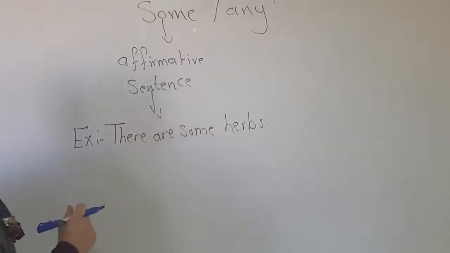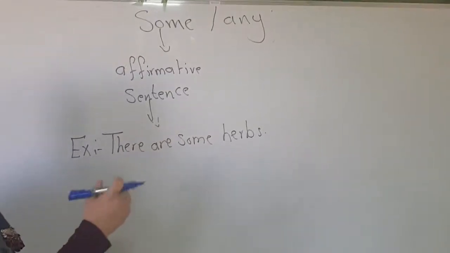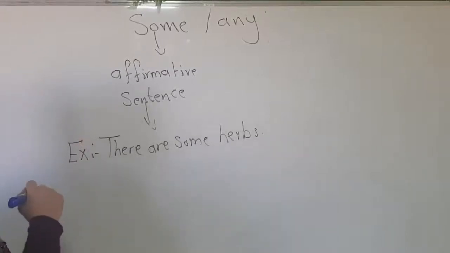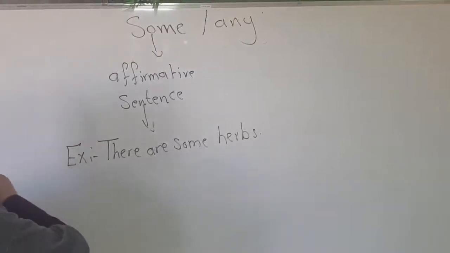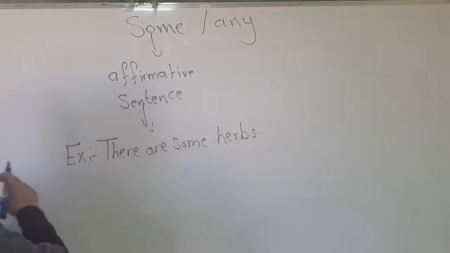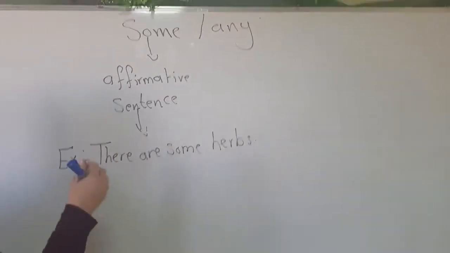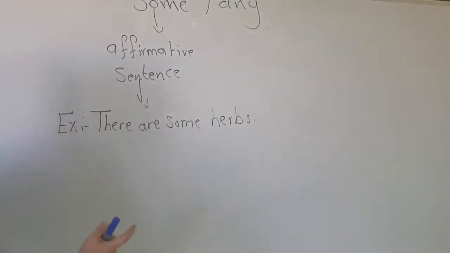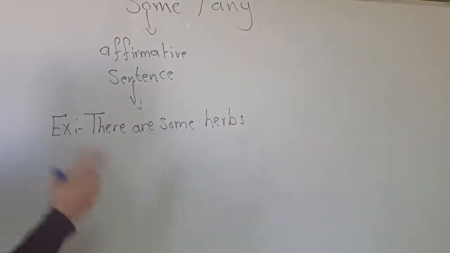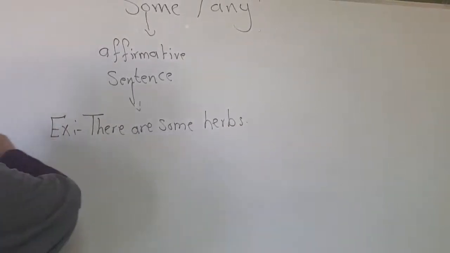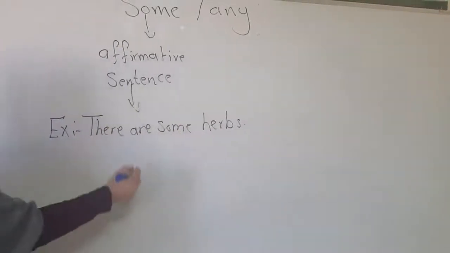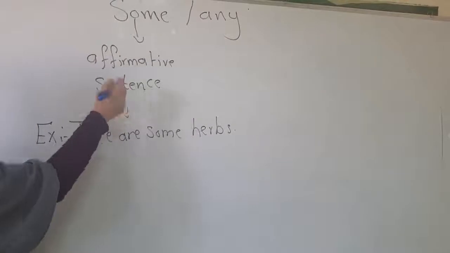For example, when we take a new lesson and I tell you read the title, I ask you what is the form of the title. Sometimes it is an affirmative sentence, sometimes a negative sentence, sometimes a question, yes or no question, WH question. Form means the shape. There are some herbs. It's an affirmative sentence.